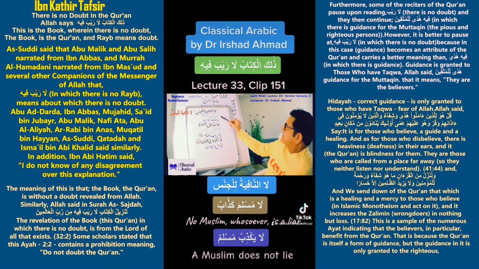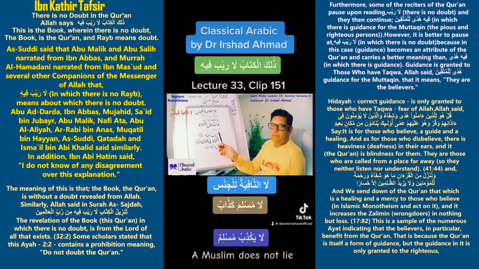For example, this sentence, la yaksibu muslimun. This is a verb, so this is jumla failiya. I know we have not worked on jumla failiya yet, but to make this point here, this means la yaksibu muslimun, a Muslim does not lie.